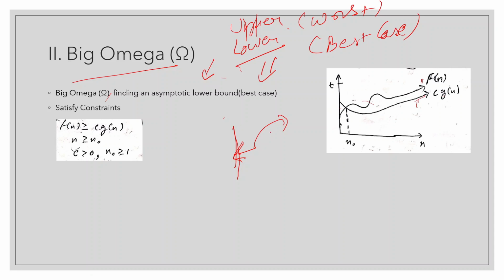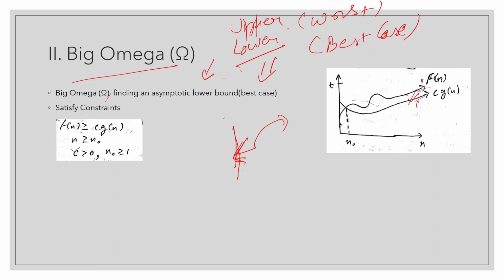It's the same as big O, but big O is a maximum condition and here is a minimum condition. The same c, g(n), n greater than n0 condition is there. In the diagram, c·g(n) is the minimum, and your algorithm function needs to satisfy this condition. After that, you can do any maximum.